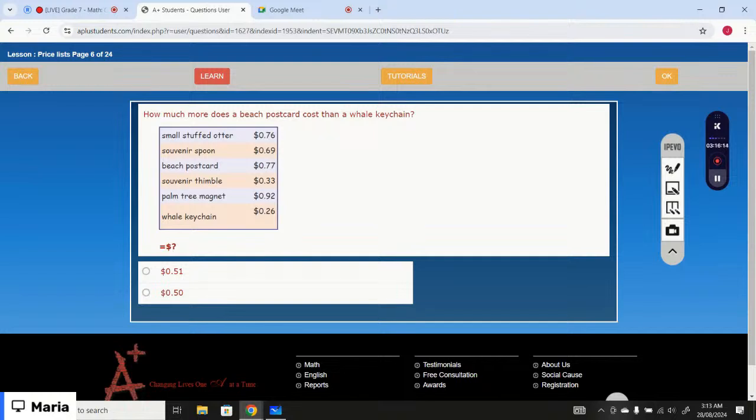So, 0.51 is the correct option, right? Option number one is the correct option.